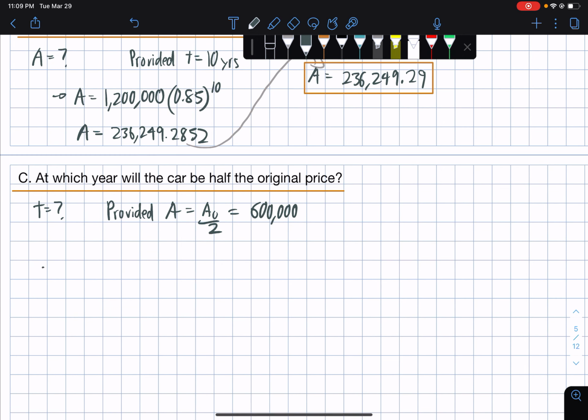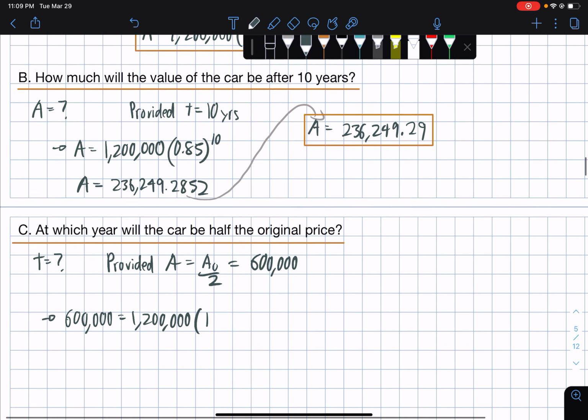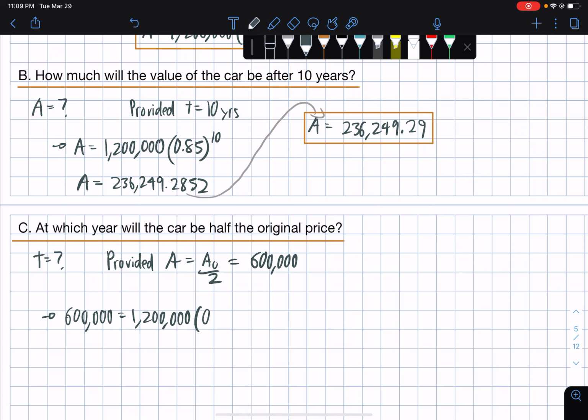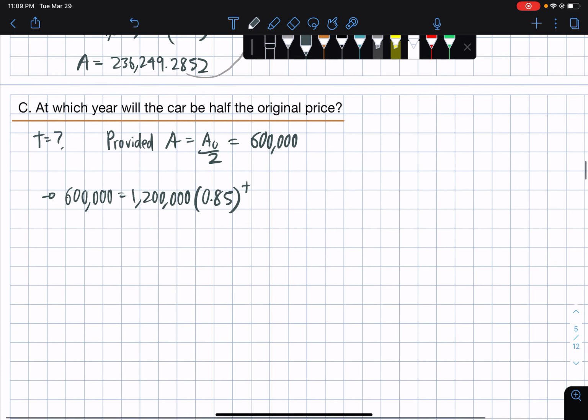So let's substitute values now. A, or in other words, 600,000 is equal to 1,200,000 times the quantity 1 plus, actually, sorry, it's minus, just write 0.85 raised to t.